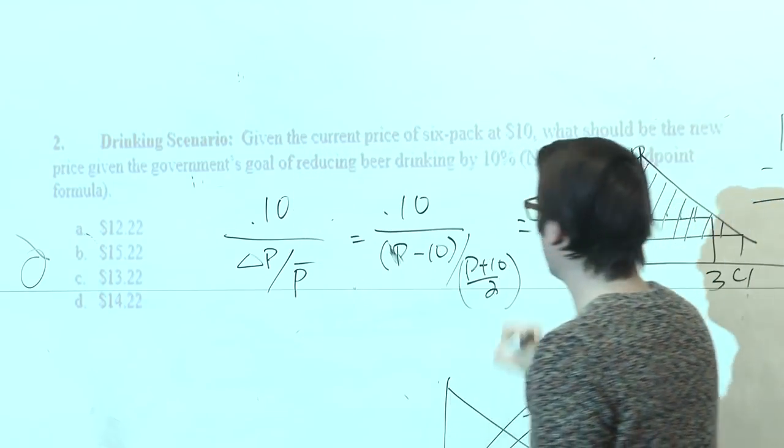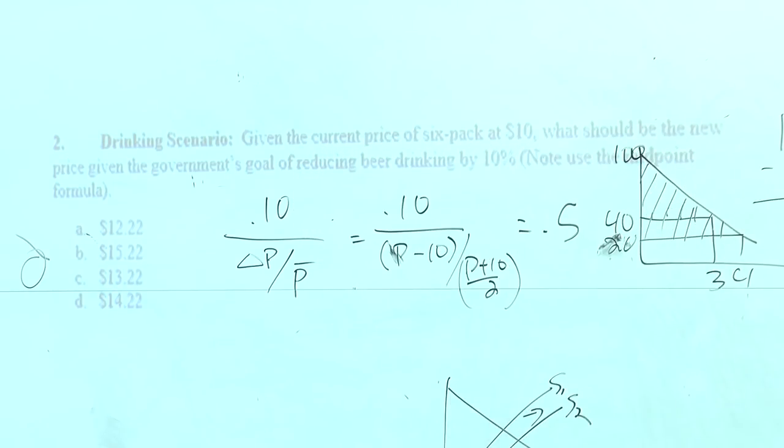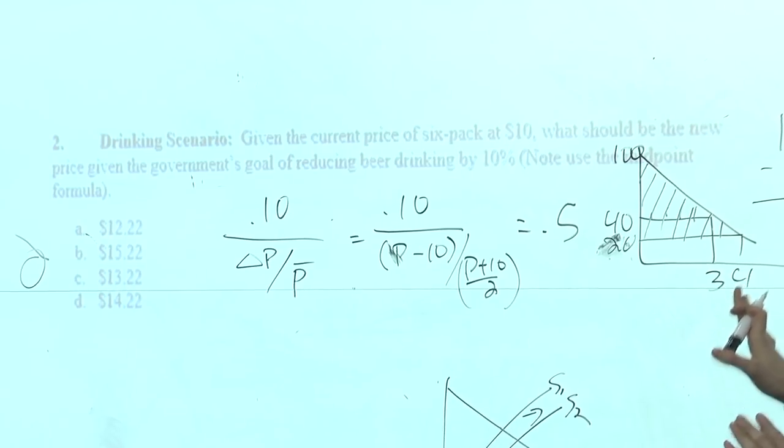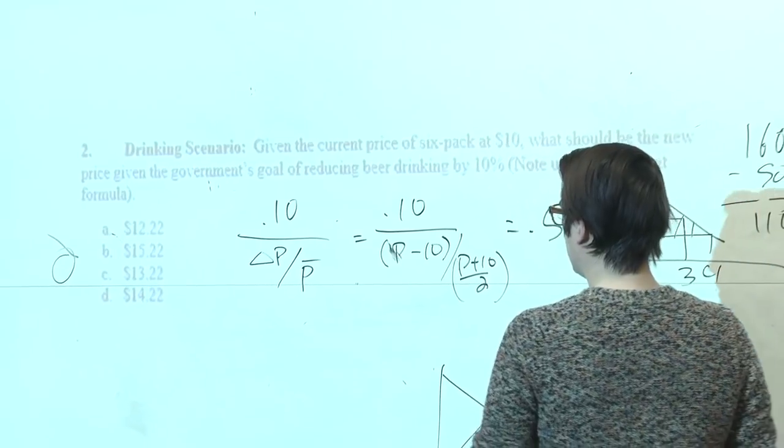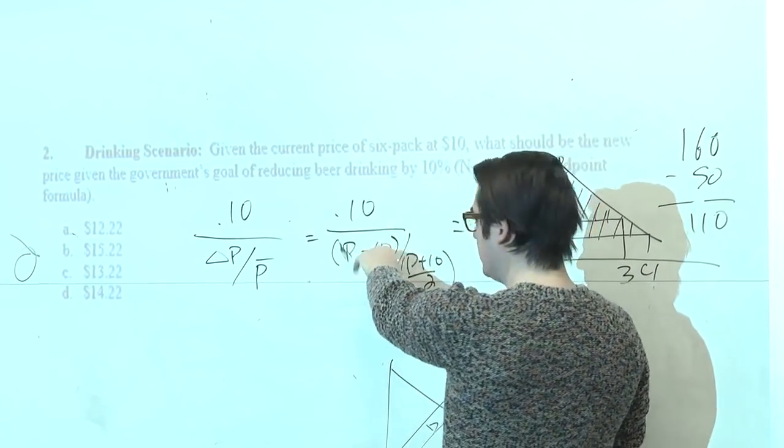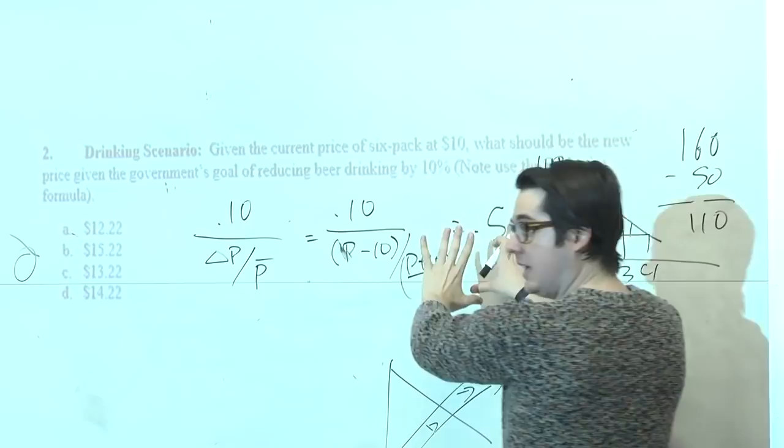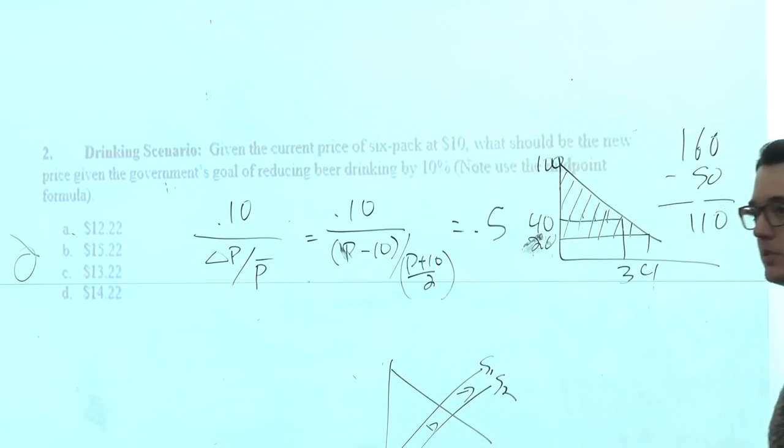And then we know from question 1 that equals 0.5. So we're just plugging in the midpoint method here. I'm not going to go through the algebra. We did that earlier. But if you just solve for P, that will give you 12.22.